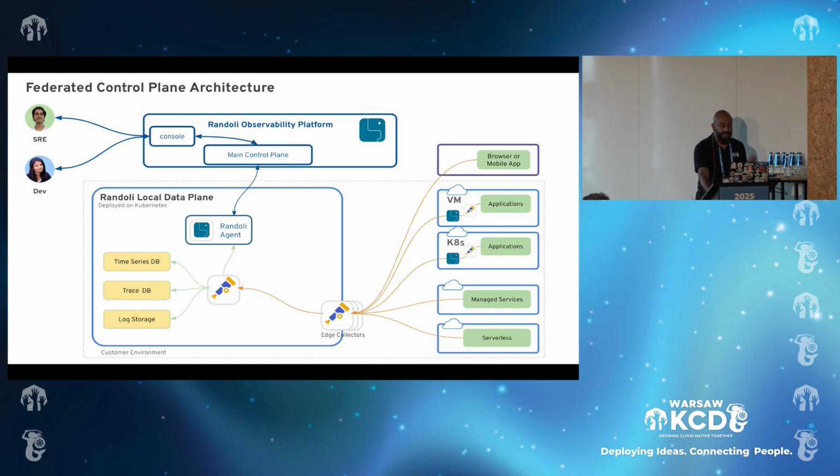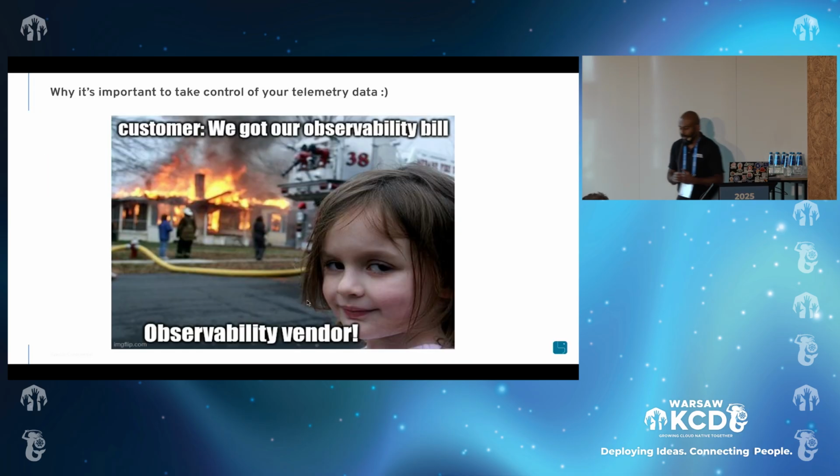So now you might be wondering why you should care. Maybe none of you are using Randoli, but why would you care? And how is this applicable to me? Maybe you're already using a different observability vendor, or you could be doing your own observability with open source.